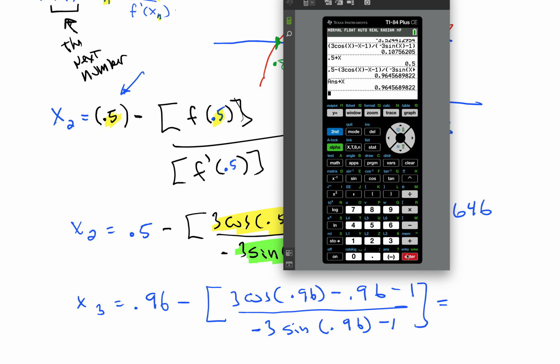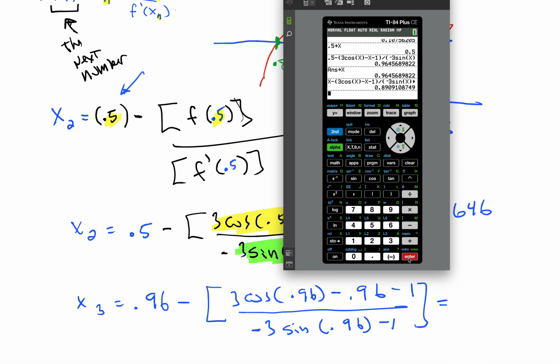Ooh, I know how to make this even better. Okay, so then we have this. Why don't we just replace all of that? Why does that have to be 0.5? Why can't that just be x? If we use this expression, we don't even have to plug in anymore.